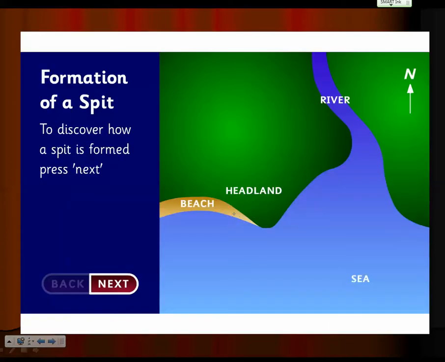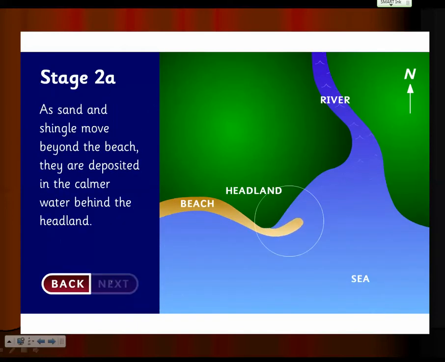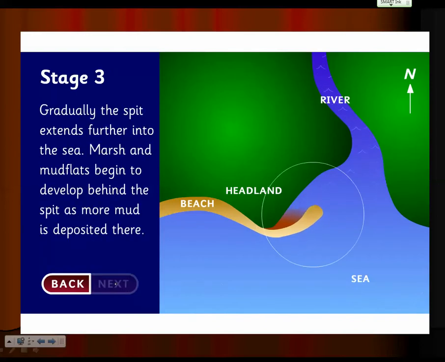Let's take a quick look at this. Formation of a spit. We can see the beach sand getting moved by the longshore current, in this case to the right, and it's moving farther out. That calm water behind it starts to fill in and accumulate. That forms a marsh, perhaps from mud flats.